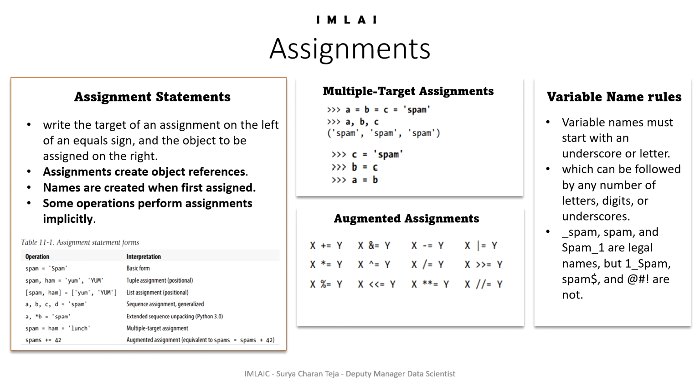The second is tuple assignment, which is positional. You have spam as your target and ham as a second target. The spam target takes the first object, and the ham target takes the second object.